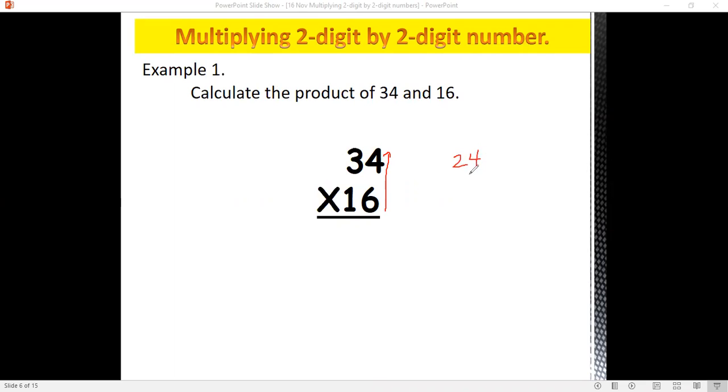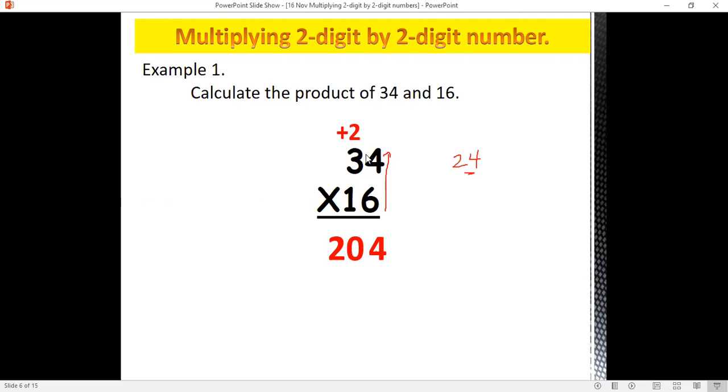So you are going to write 4 in the unit place, and you need to carry 2. Then the next one is you multiply 3 times 6, which is 18, plus 2 is 20.